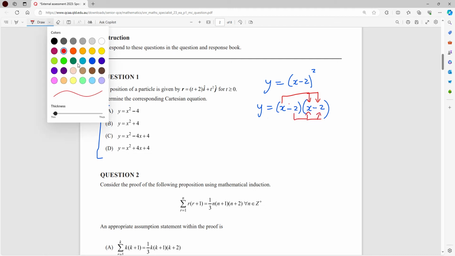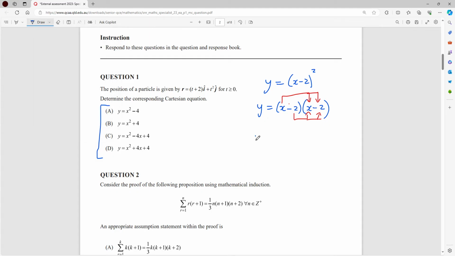So we get y equals x times x, which is x squared. Then x times minus 2 gives minus 2x. Then minus 2 times x is another minus 2x. And then negative 2 times negative 2 is positive 4. So you can see we have two like terms in the middle, so we can simplify the whole expression. So it's x squared minus 4x plus 4.